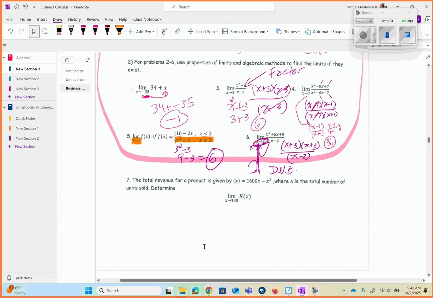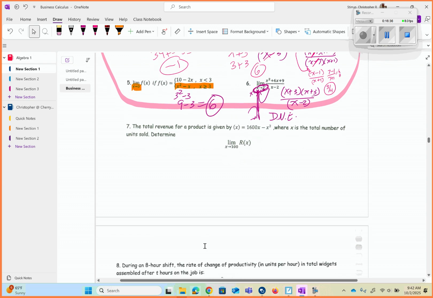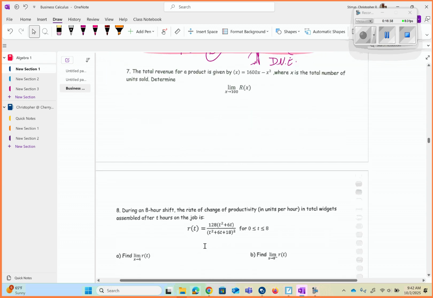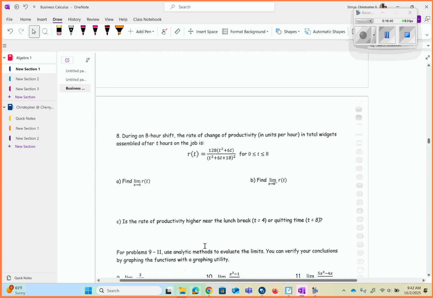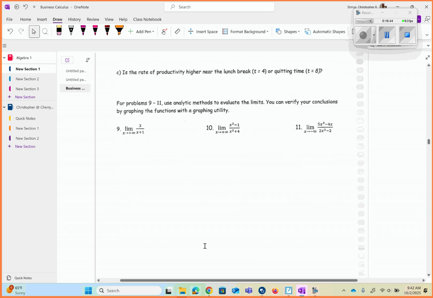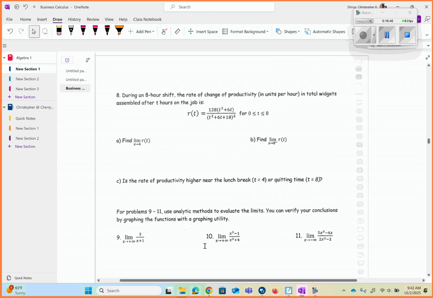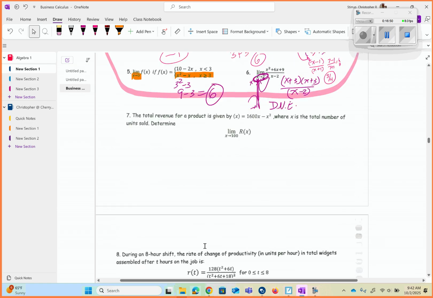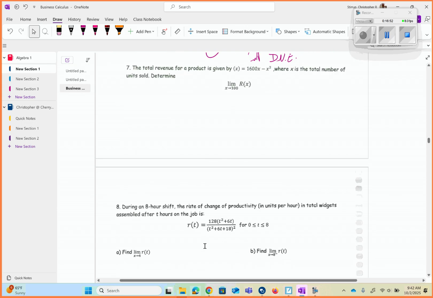So I feel that you guys can take the rest of the period and get all of these done. Get all of them done. I want to check this off at the end of the period. See how you do. Okay, so get 7 through 11 all done. Work together, figure it out, and we'll go with it.